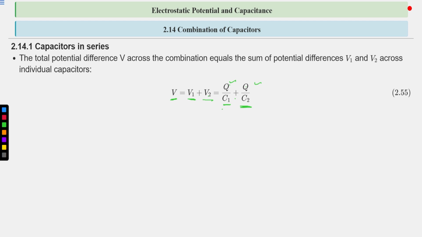Potential will distribute inversely proportional to the capacitance. If a number of capacitors are connected in series, the capacitor with the highest capacitance will get the lowest voltage across it.